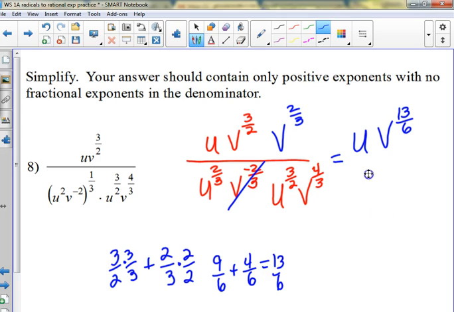Okay. What's happening in the denominator down here? Well, don't we get to do the same thing again? This time there's u to the 2/3 and u to the 3/2, so it's going to be u to the 13/6, isn't it? And what do we got down there for v's? V to the 4/3. Now what?